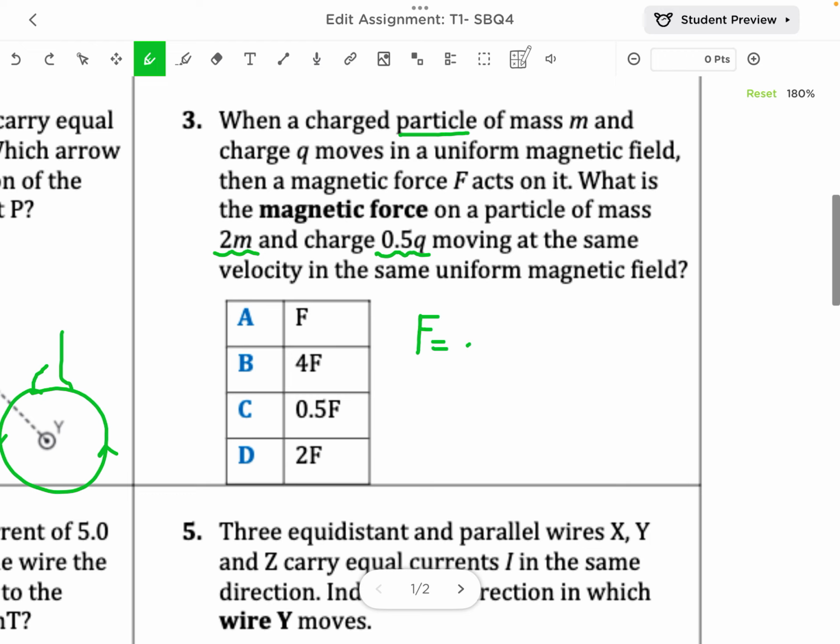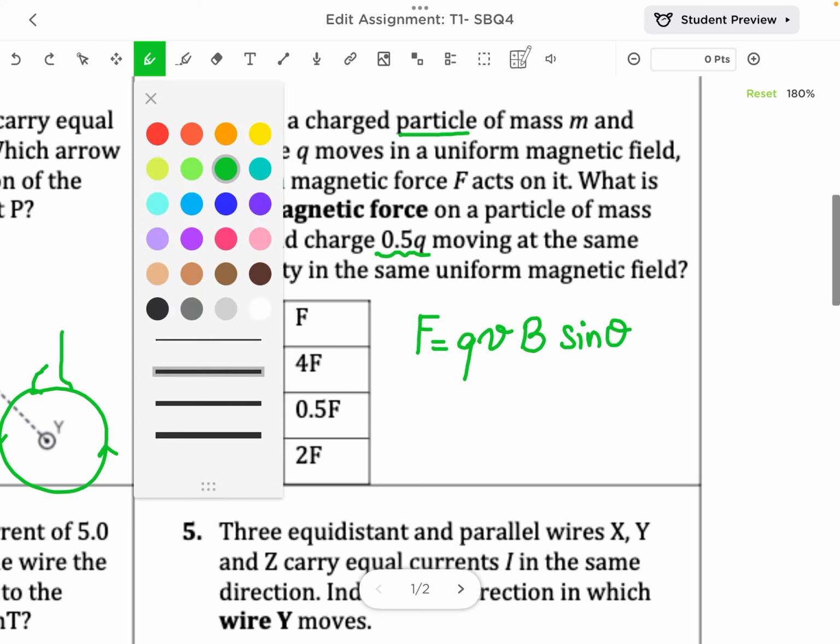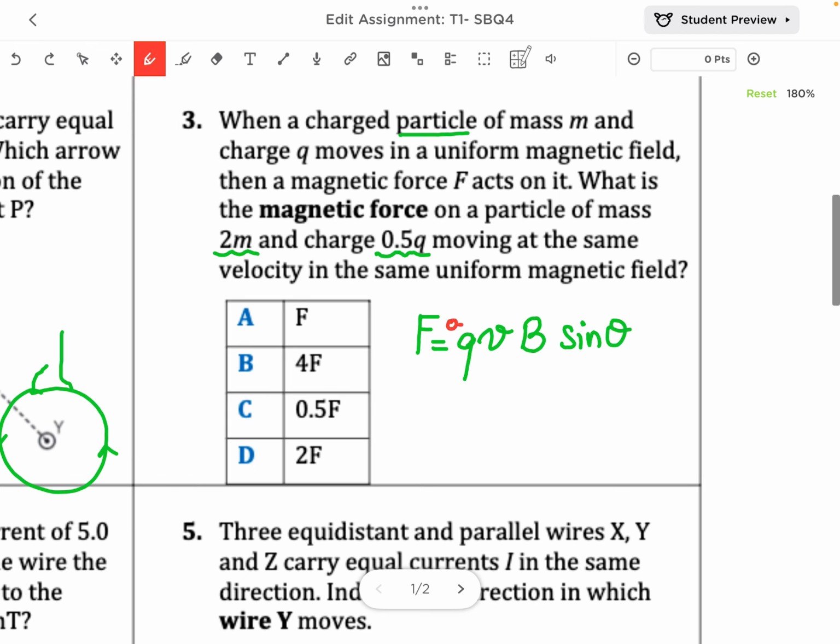The force is q v B sine theta. The only thing that I change is the 0.5 on the charge. Where do I put this change? The mass doesn't have any significance. So it is going to be 0.5 F.